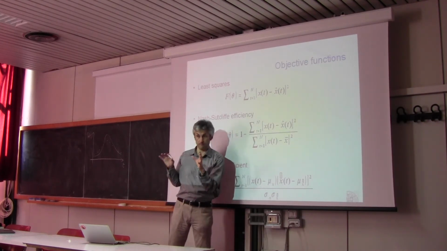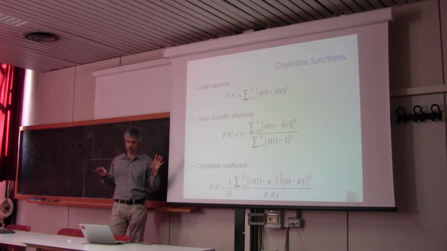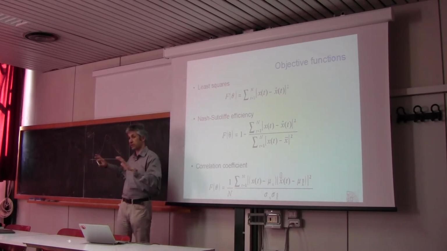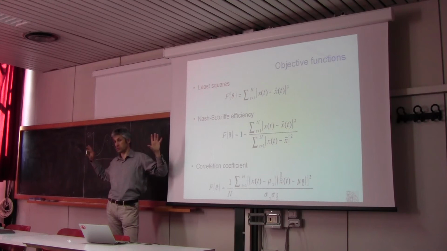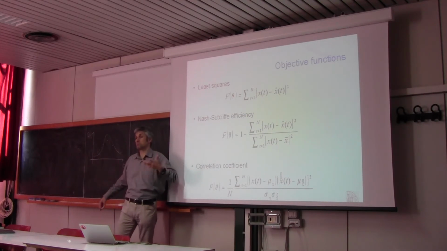Let me explain why. First of all, let's assume that you didn't have any model available. You have an observed time series, like a hydrograph, and you don't have any model, and people ask you, what is your guess on the next observation? What would you say? You would say the mean value. It's the only information that you can compute if you don't have any model. You may take the average value of the hydrograph and say, okay, unless I have more information, my guess is the mean.